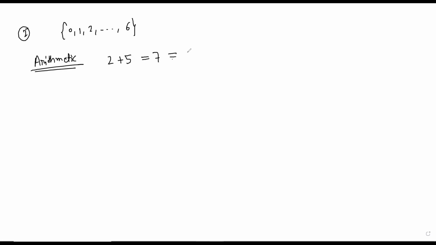So you can just define 7 to be 0 in your new world. That's the obvious thing, because 7 is the next number, but there's no next number, so just cycle back. Either way, the addition is defined as the remainder of 2 plus 5 when divided by 7.